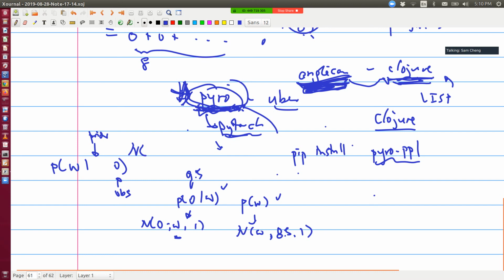So we just need to multiply them. What we want to get is W. O is now given as 9.5. So we want P(W given the observation), which is basically P(W, O) over P(O), something like that.